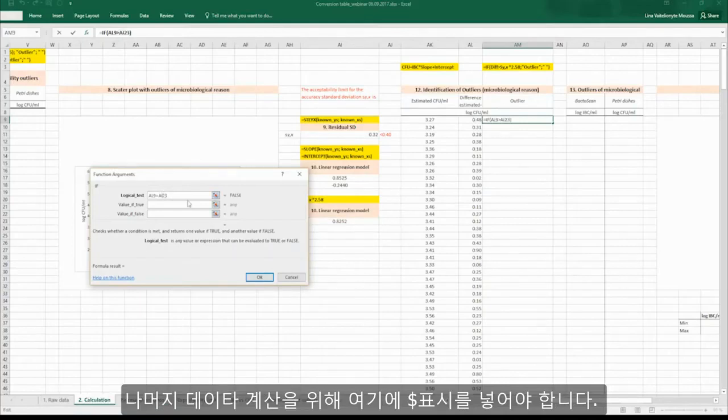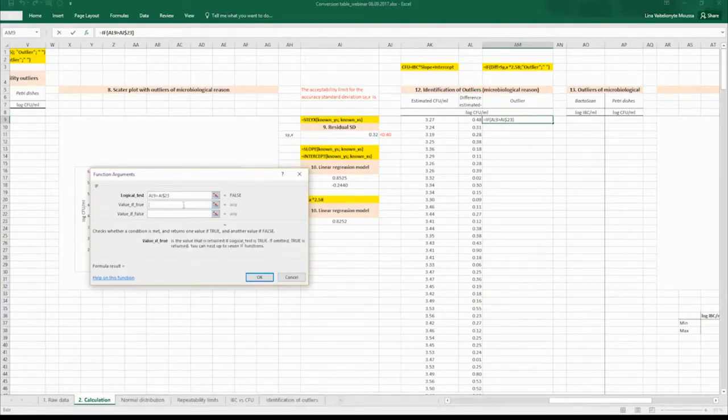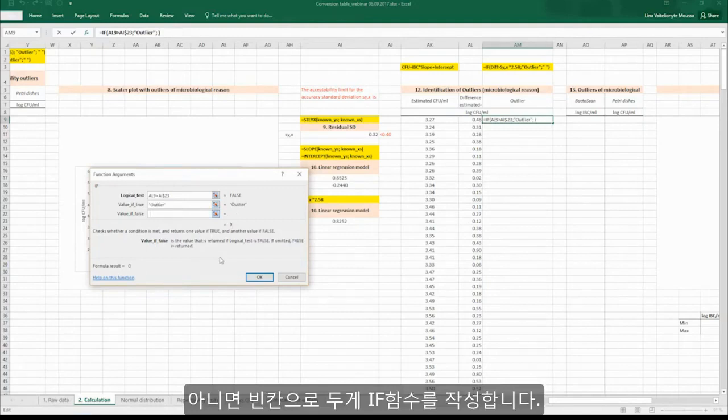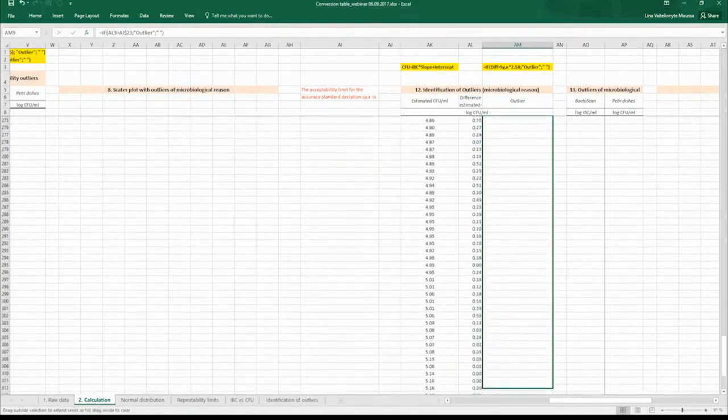Again, in the middle, we're adding the $ sign, so the cells will not change when we're dragging down the formula. So if the difference is higher than the linear regression model, then we have an outlier of microbiological reason. Otherwise, we're leaving this space, pressing OK. So marking the cell and dragging it down.